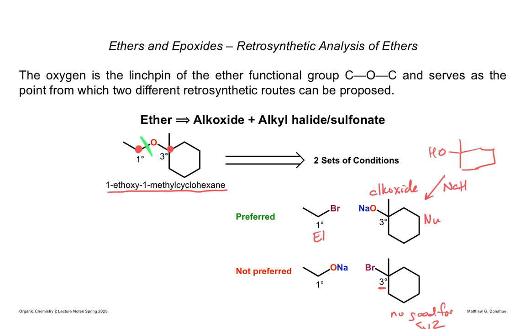And again, if it was a symmetric ether, then you don't really have a problem. You make one side your alcohol, and then the same carbon count, you have to have a leaving group on.